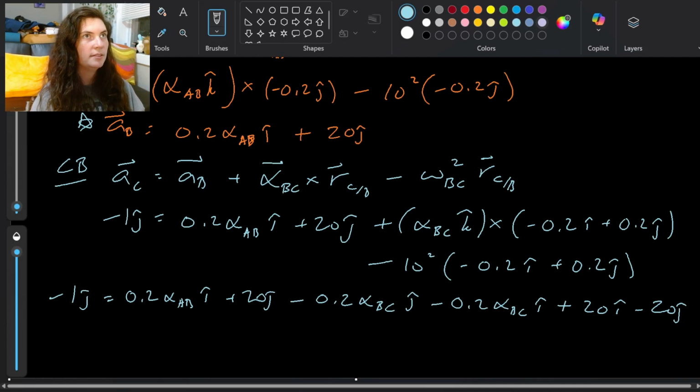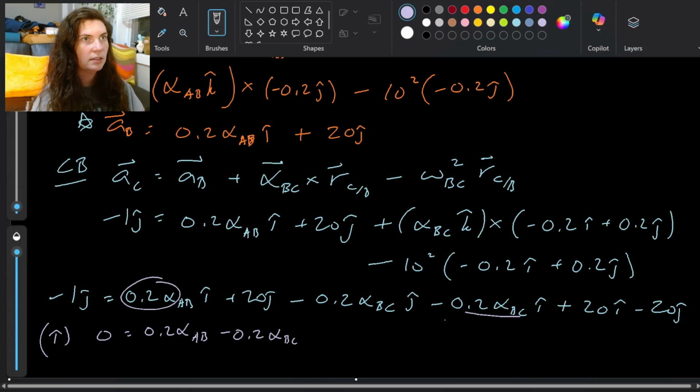Whew, okay. So for my I hat components, I'm going to have 0 equals 0.2 alpha AB. Where's another I hat? Oh, here we go. Minus 0.2 alpha BC.